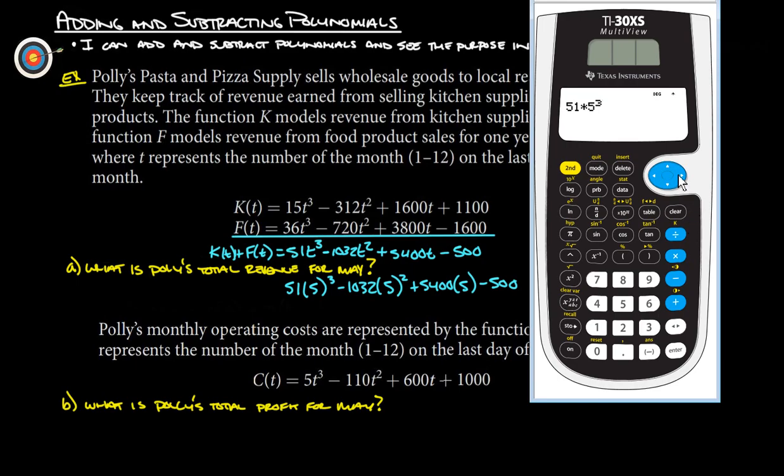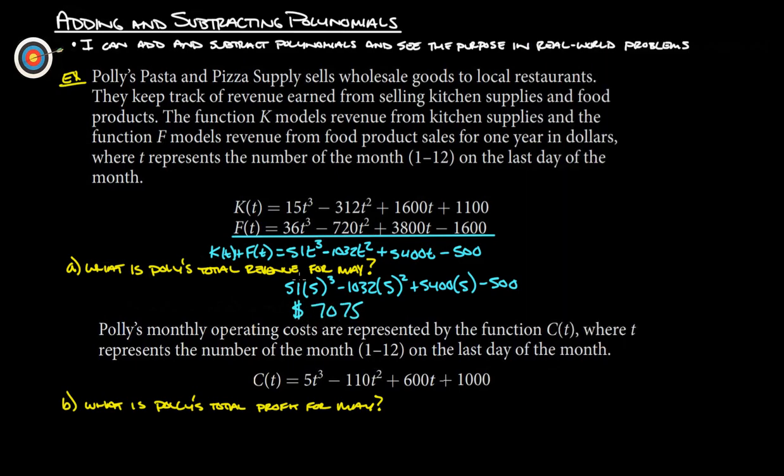Then minus 1032 times 5 squared. You can also put these in parentheses, which is just the same as multiplying. Plus 5400 times 5 minus 500. That gives us a total income for May of 7075.